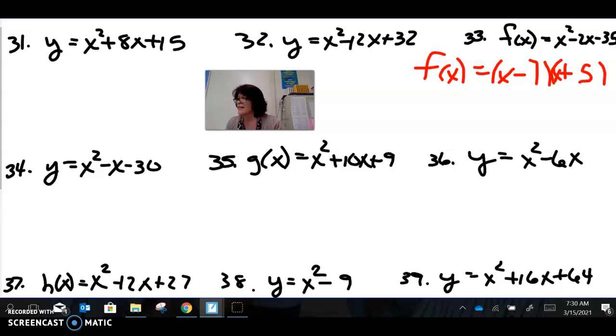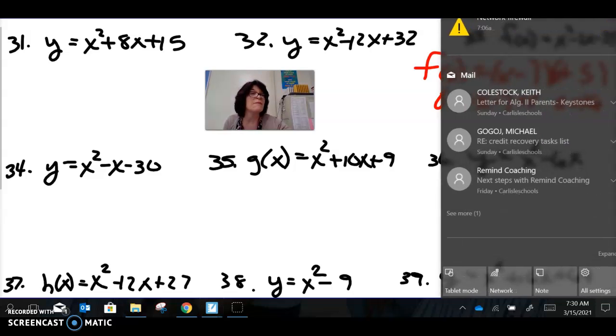Now, we were supposed to find the zeros. In other words, find the x-intercepts. Well, it's in intercept form now. The x-intercepts are 7 and negative 5, right? 7 and negative 5. The reason is because that's where each of these will equal 0. They said find the zeros.